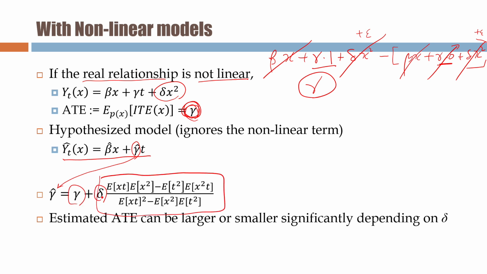So depending on this delta, your estimated gamma can be a lot wrong. It's significantly different. It's possible. We don't know whether the real relationship has a nonlinear term or not. But if you just use a linear term, and in fact there is a nonlinear term, your estimated gamma can be a lot wrong.